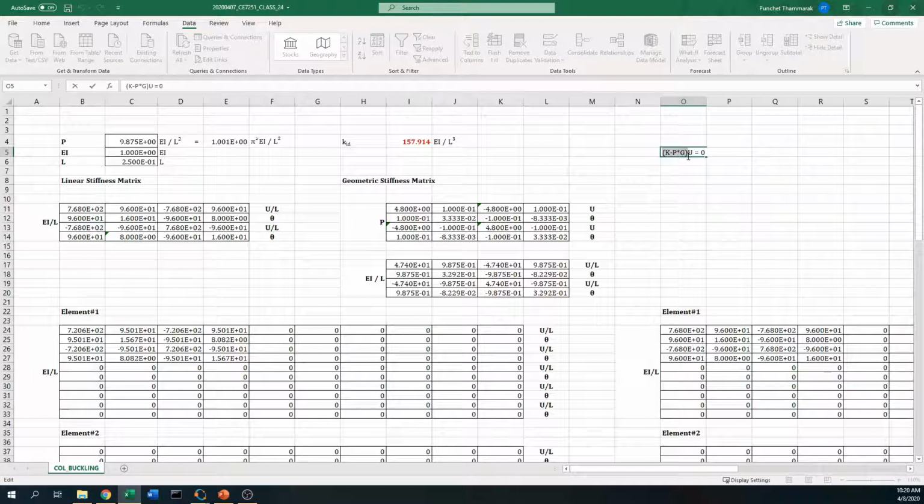We want the determinant of K minus P times G to be 0. What we come up with are the eigenvalues, which give us the P values that cause the zero determinant of this entire matrix. We also come up with the eigenvectors. So we get the eigenvalue first, and then the eigenvector tells us the buckling shape of the system.